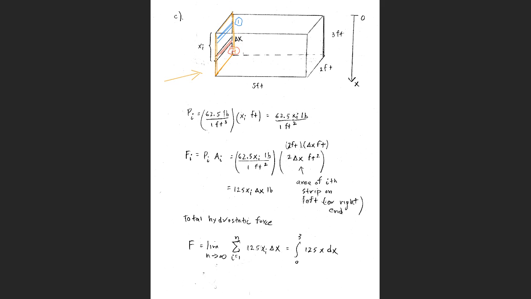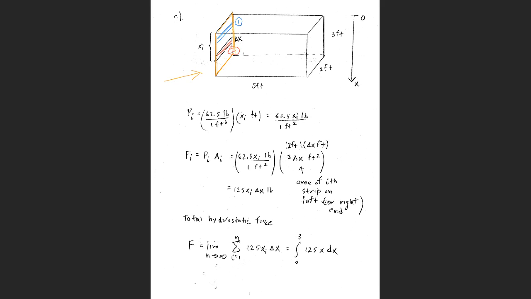And when we find the hydrostatic force for that left end of the aquarium, it doesn't work like finding the hydrostatic force for the bottom of the aquarium. We have to use a Riemann sum to find the hydrostatic force for the left end of the aquarium.